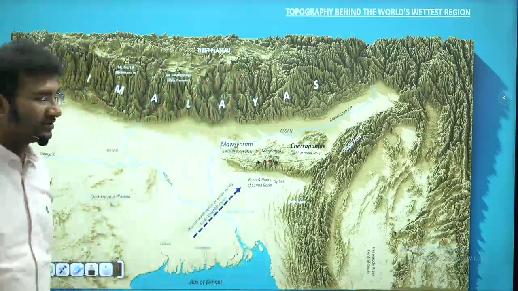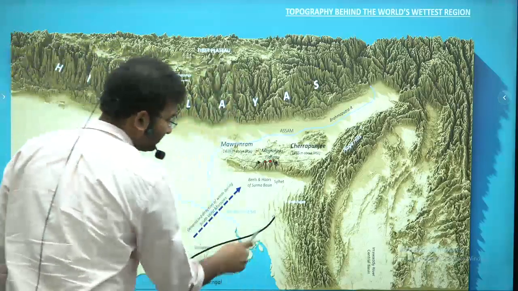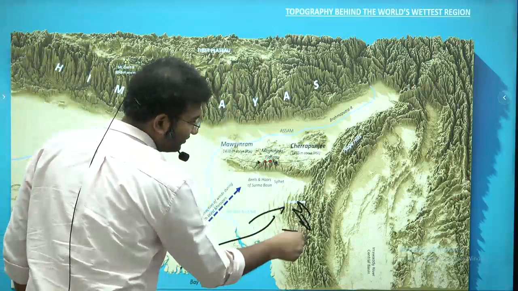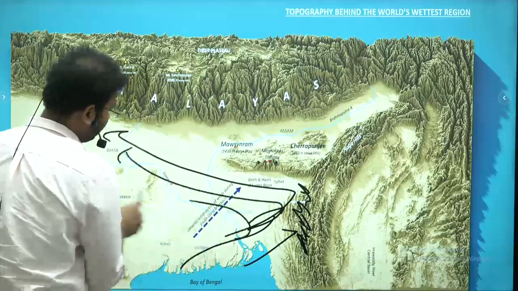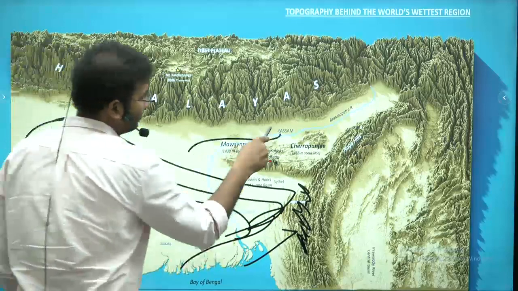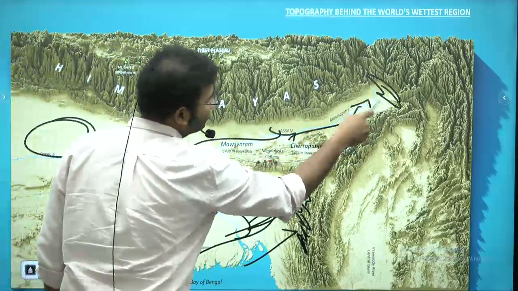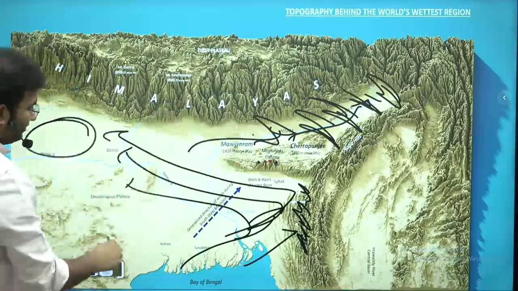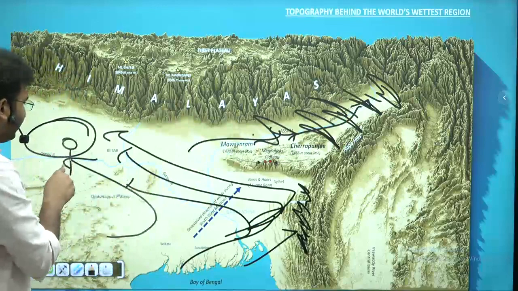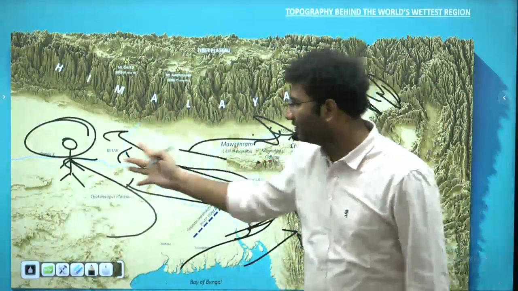Look at this northeast. So if suppose the winds are moving, don't they get stuck here? They spend a lot of time and they hit and move in this direction because you have low pressure region here. One wing moves here, it strucks and it sheds its rainfall. That's why flooding in Brahmaputra. Now a person standing here, for him the winds are coming from the east.